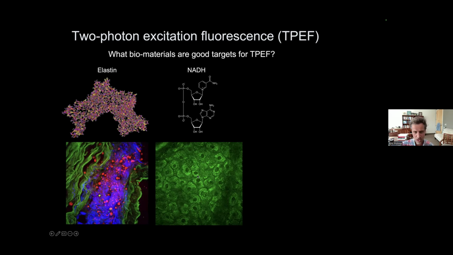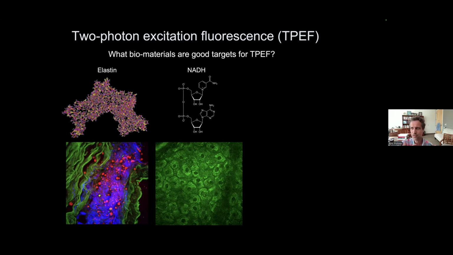The perinuclear region is usually pretty dense in NADH, but the nucleus is not, and therefore you see these wonderful dark holes, which immediately tell you where the nuclei are. So I don't need a nuclear stain here or anything. I can just see the cell morphology through the distribution of intracellular NADH.